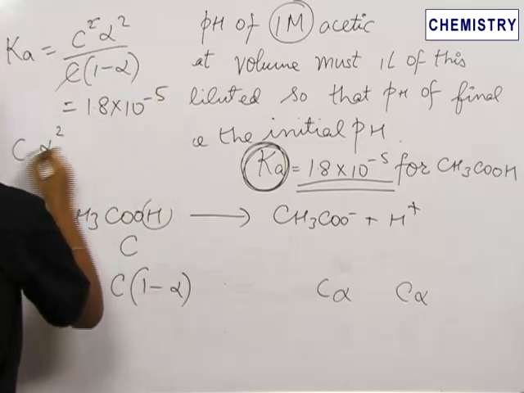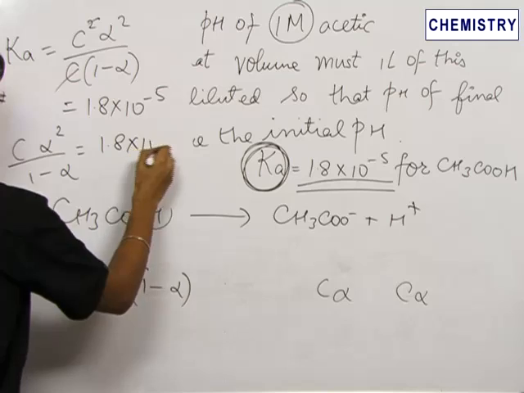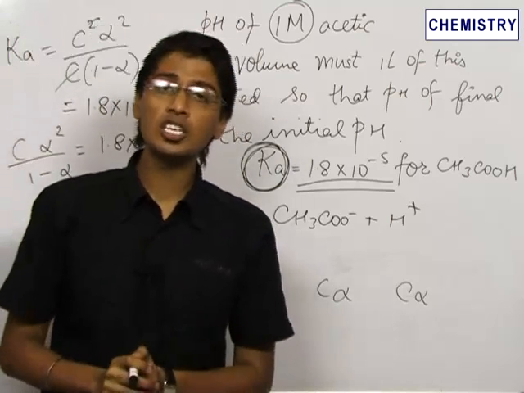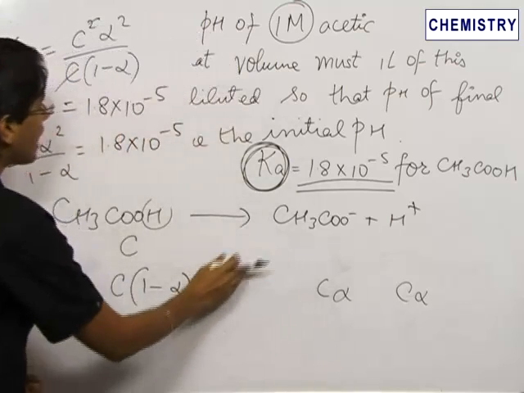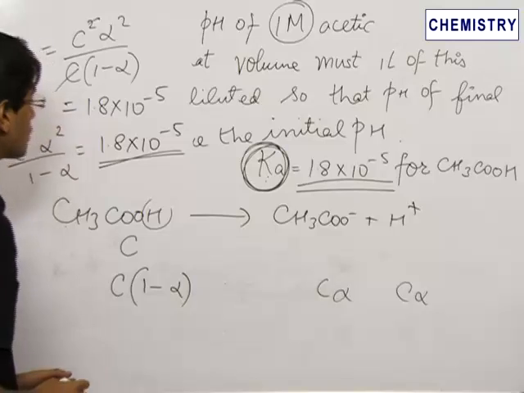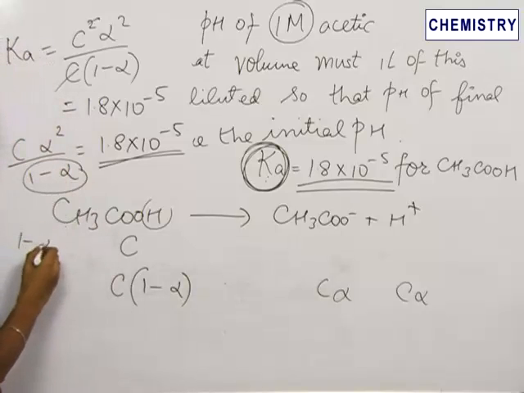This becomes C alpha² upon (1 - alpha) equal to 1.8 × 10^-5. Now we can see that the dissociation of acetic acid is very small, seeing the value of the dissociation constant. Hence 1 - alpha is approximately equal to 1, the degree of dissociation being very small.